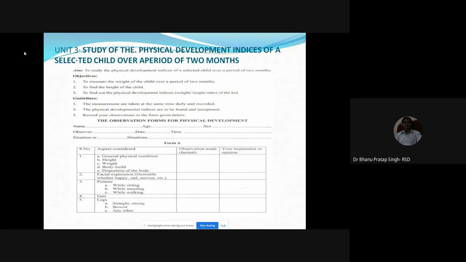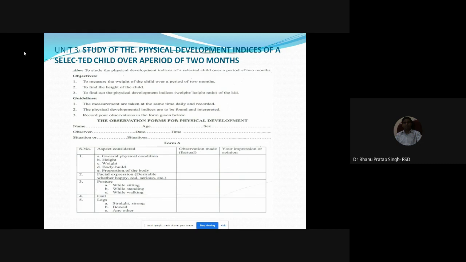So that you may be able to know the development of the child in terms of weight and height, or physical development. To find out the physical indices, meaning the weight and height ratio of the kid, you will calculate the ratio of weight and height.